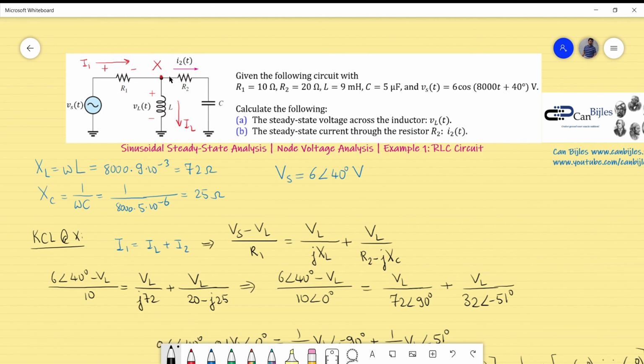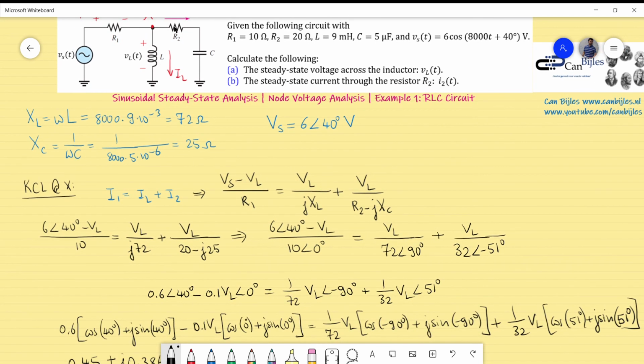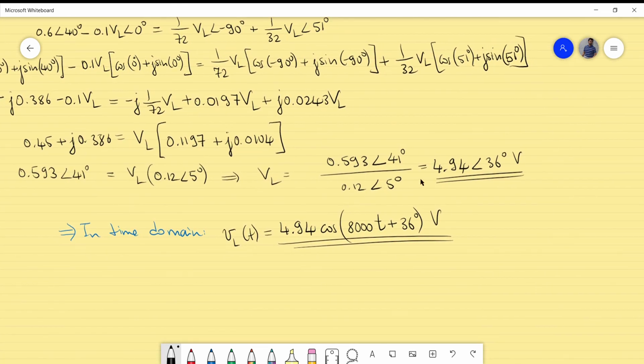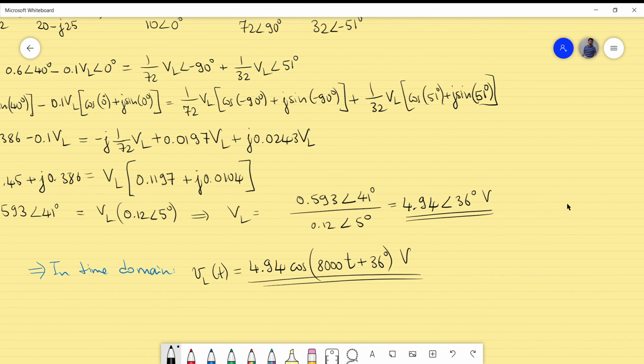The current through this branch is this voltage VL divided by the total impedance, and that current is exactly the same as the current through R2. So for question B I will use the total impedance and the voltage across it, which is the voltage we have determined.